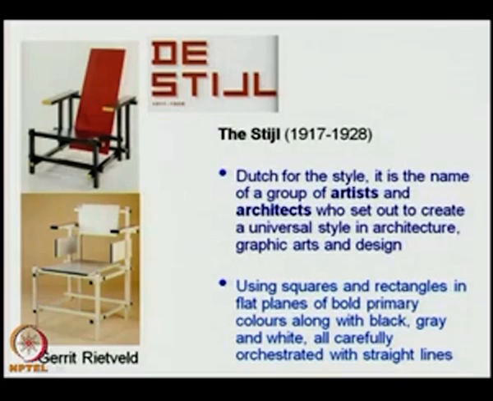De Stijl, Dutch for the style, is the name of a group of artists and architects who set out to create a universal style in architecture, graphic arts and design, using squares and rectangles in flat planes of bold primary colors along with black, grey and white, all carefully orchestrated with straight lines.